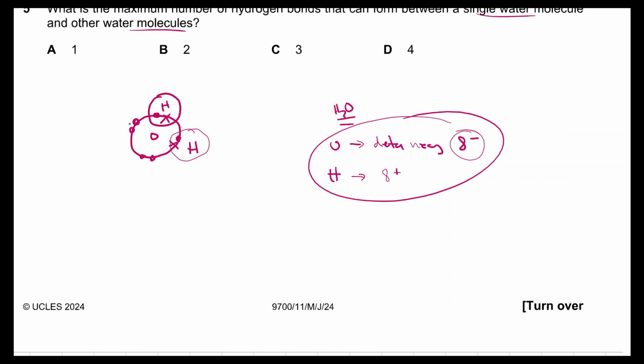Therefore, what happens here is that there are 2 pairs of electrons on the outside which are not bound to anything. Therefore, this forms the partial negative charge of the oxygen, whilst there is a partial positive charge on the hydrogen due to the attraction. Now, the hydrogen here, because of the partial positive charge, forms a hydrogen bond with an oxygen that has a partial negative charge.